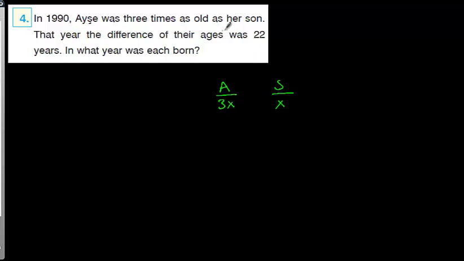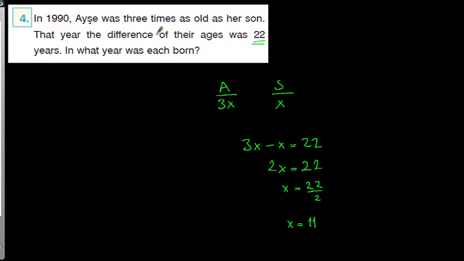That year the difference of their ages was 22, which means 2x is equal to 22, x is equal to 22 over 2, x is equal to 11.